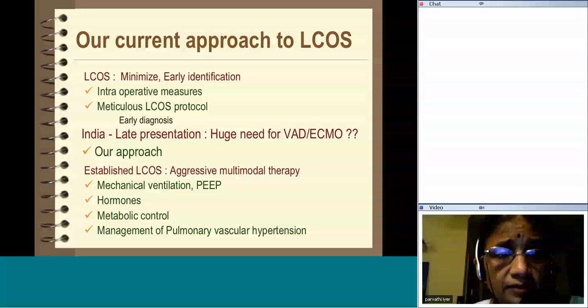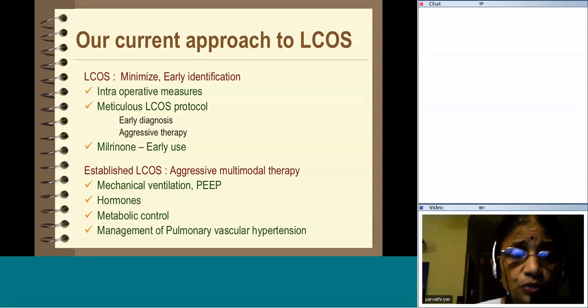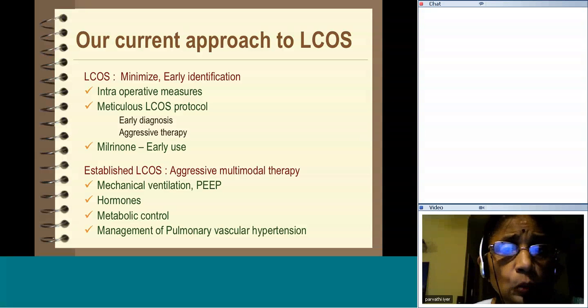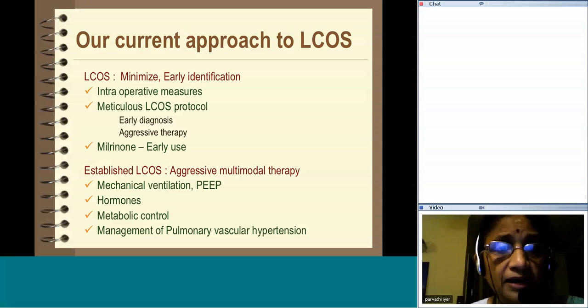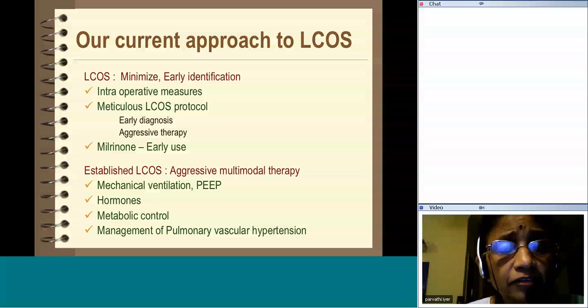And what are these measures? They start actually not postoperatively, but they start during and prior to surgery. And the aim and the goal of our methods were to try and minimize the incidence of low output, recognizing that some amount of low output state is invariable following cardiac surgery. And if low output did occur, our focus was to try and identify it as early as possible.